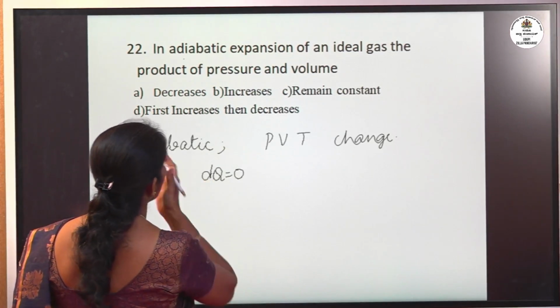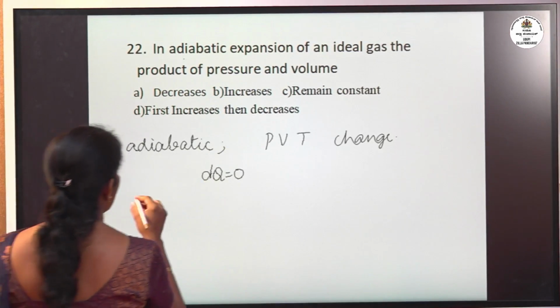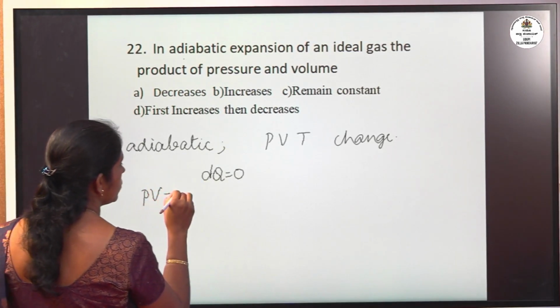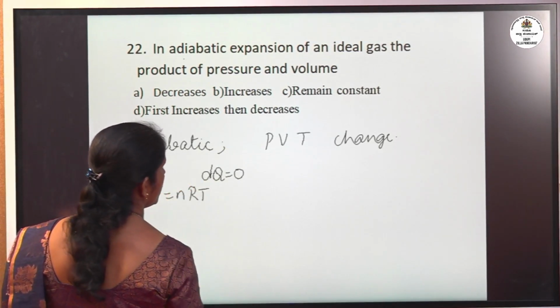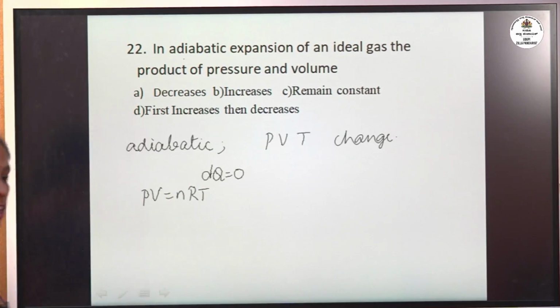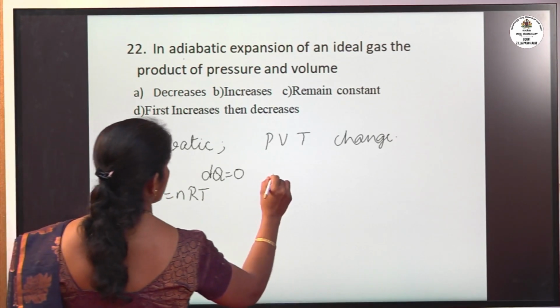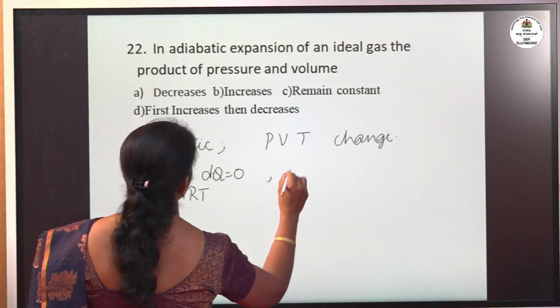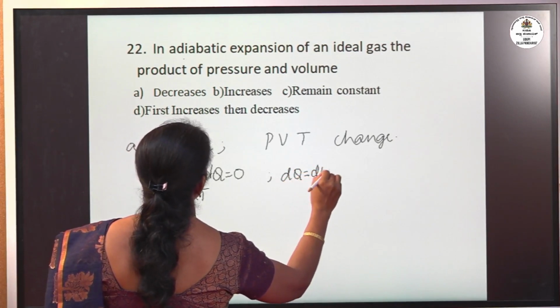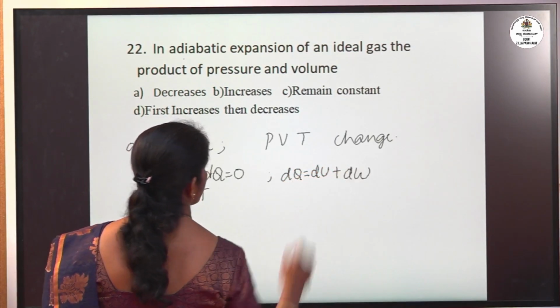dQ is 0. For an ideal gas, we have PV is equal to nRT. And also from the first law of thermodynamics, dQ is equal to dU plus dW.